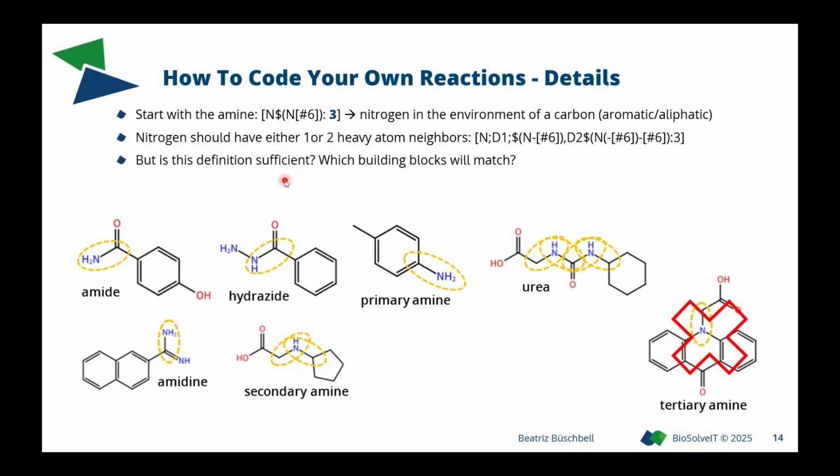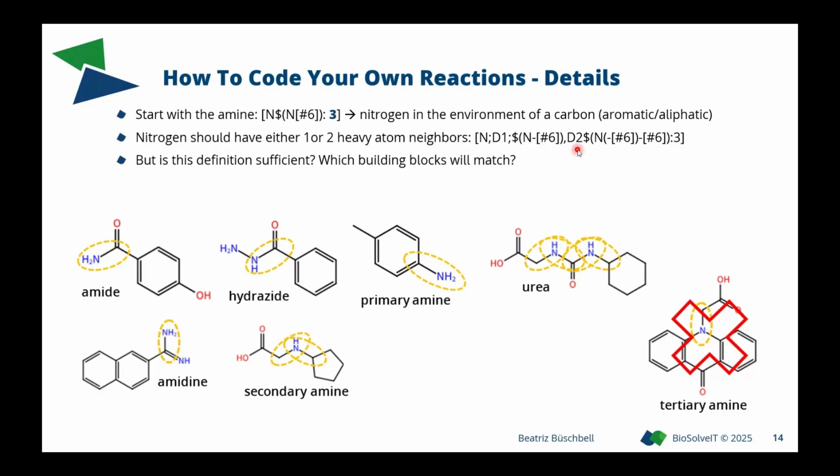So we should further specify that the nitrogen should either have 1 or 2 heavy atom neighbors. So we add to our reaction definition D1, where D stands for heavy atom neighbor, which says that in the environment of this one heavy atom connection that I can make, there should be this carbon that we had previously.